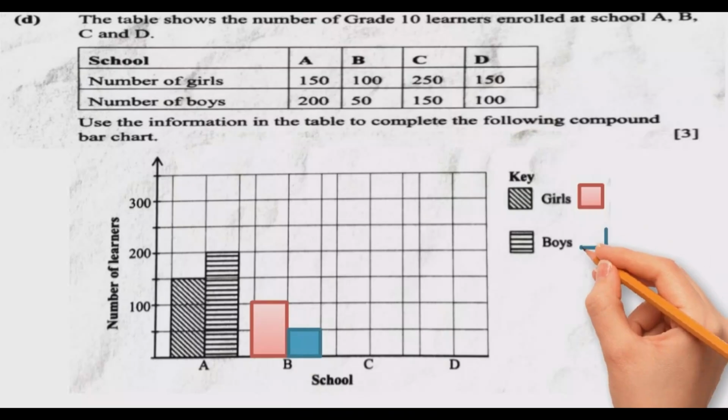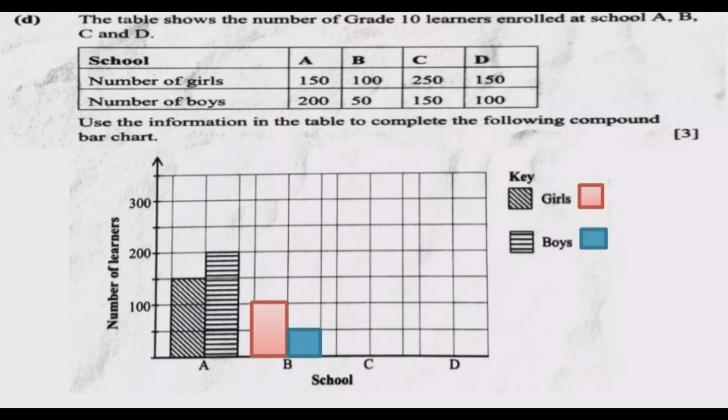Next I go to school C. There are 250 girls, so I draw the bar for girls up to 250. Then boys for school C were 150, so I draw a bar for boys up to 150. That's how we draw.